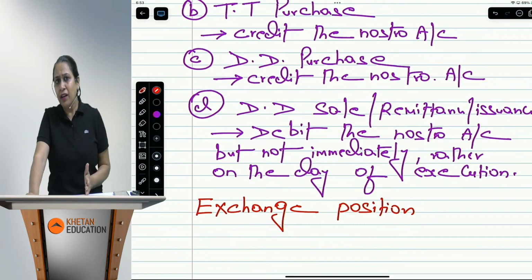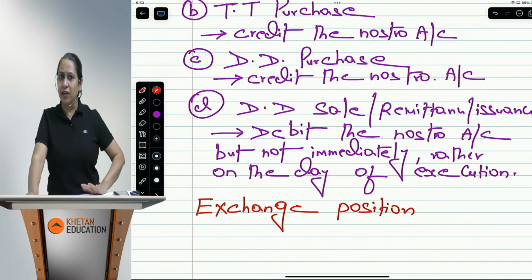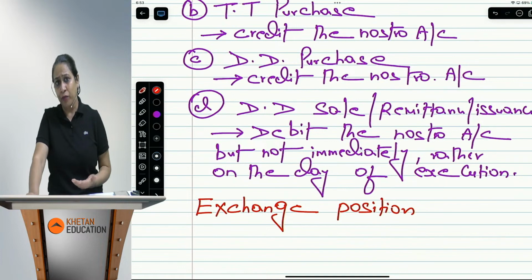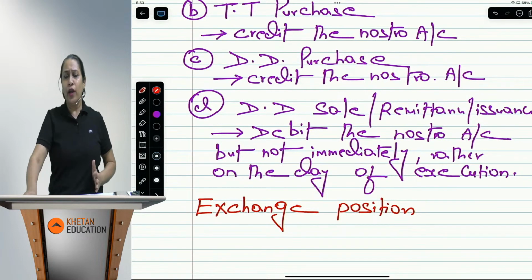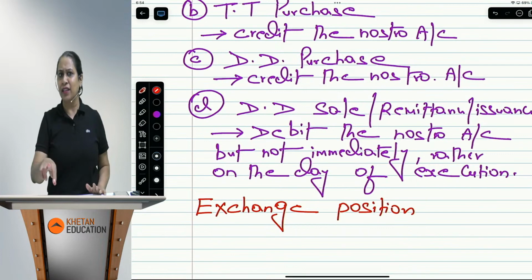But in P&L, like export bills purchased, it will not be entered in the nostro account. There is no cash transaction out there. Forward sale contract, no cash transaction. But it will be entered in the exchange position because it is behaving like a P&L statement, accrual basis. So, if a forward sale is cancelled, you need to take a counter entry in the purchase column to cancel it out. But no such entry is taken in the nostro account because it was not entered.